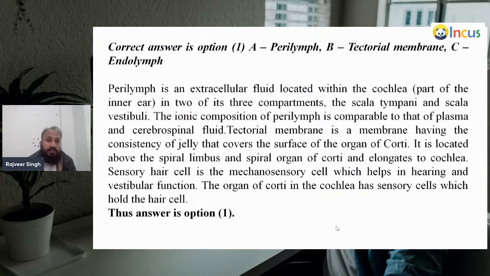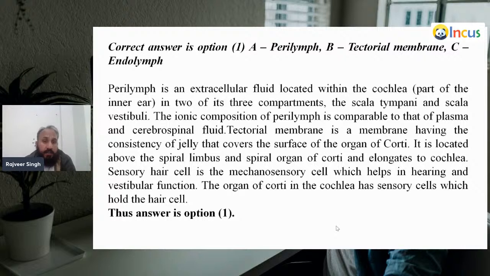Here you can also see that perilymph is an extracellular fluid located within the cochlear part of the inner ear, in two of its three parts, the scala tympani, scala vestibuli, and scala media. The ionic composition of the perilymph is comparable to that of plasma and cerebrospinal fluid. Tectorial membrane is a membrane with the consistency of jelly that covers the surface of the organ of Corti.